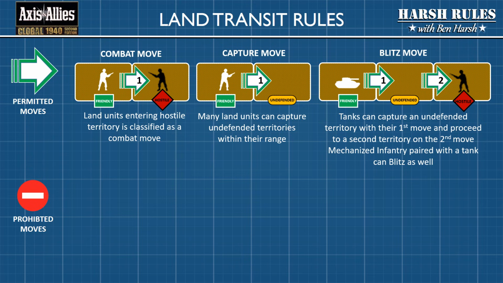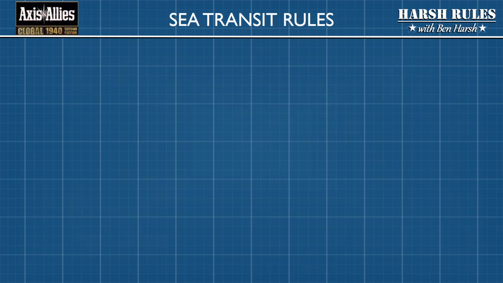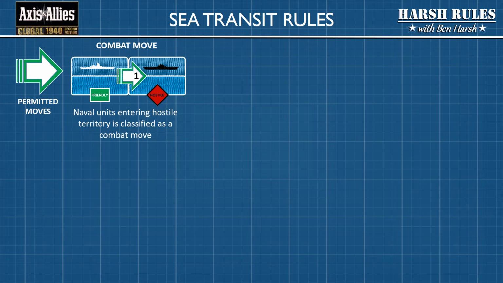Now let's look at some prohibited moves for land units. Anti-aircraft guns have a limited move. They can only move during the non-combat moves phase. Sea transit rules are slightly more complicated because sea zones can be divided into surface and submerged areas. First, let's look at the permitted moves for sea transit. Once again, naval units entering a hostile sea zone constitutes a combat move that may be resolved in the next phase.